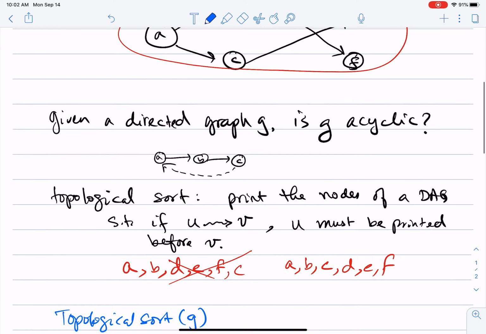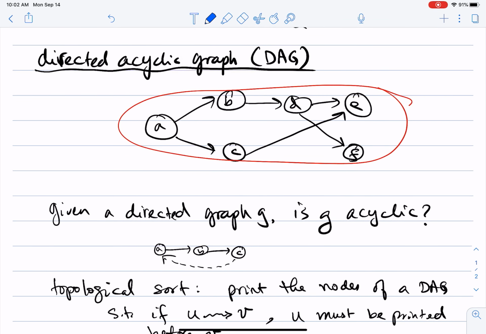Again, if I go back to this graph here, I start with A, I discover A first, then I discover B, then I discover D, then I discover E, for example, then I discover F, then I'm done with F, I am done with E, this is 7, I'm done with D now, this is 8, I go back to E, I'm done with B, this is 9, I come back to A, I'm not done with A because it has neighbor C, so C now is discovered at time 10, finished at time 11, I come back to A, which is at time 12.